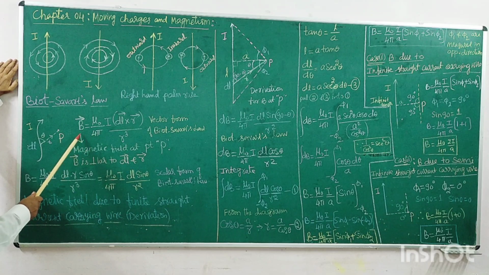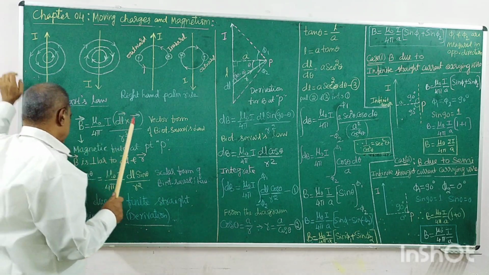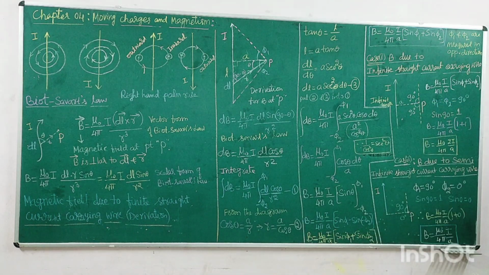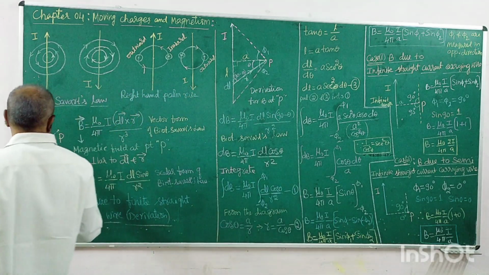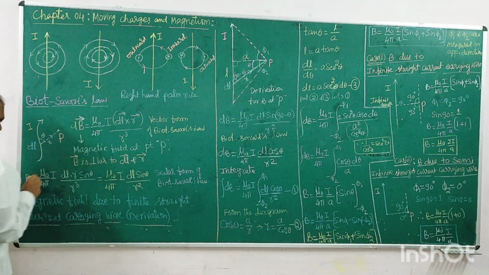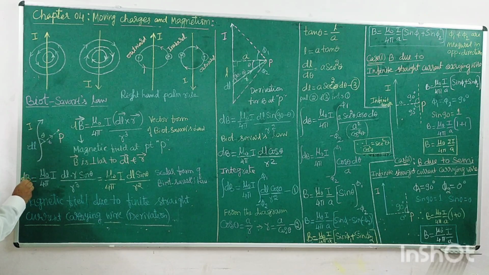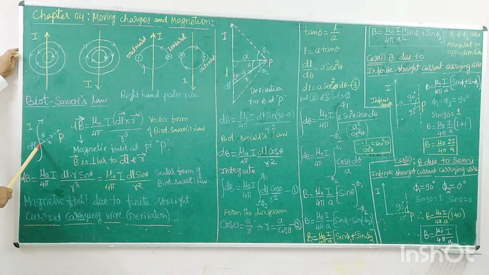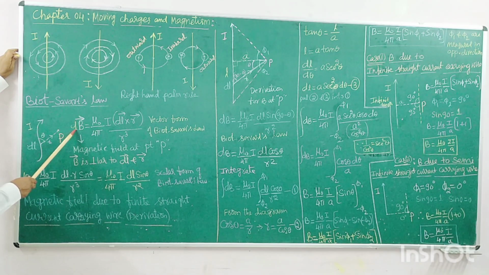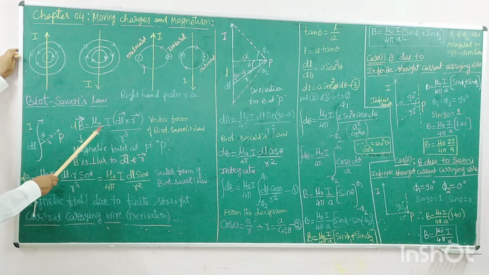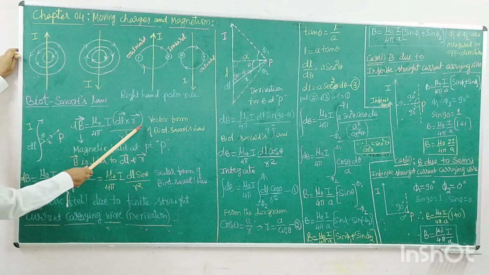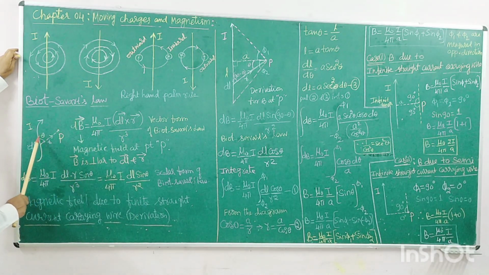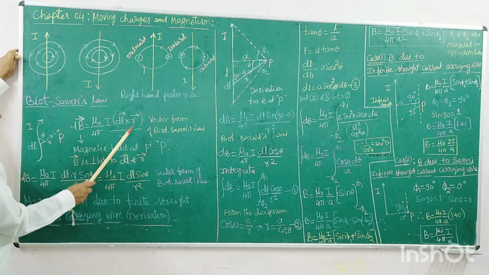That is dB, you should write dB. The element is an infinitesimal value, so the amount of field is infinitesimal, dB. Its magnitude is directly proportional to I into the vector product of these two vectors, dl and r, divided by r cube.